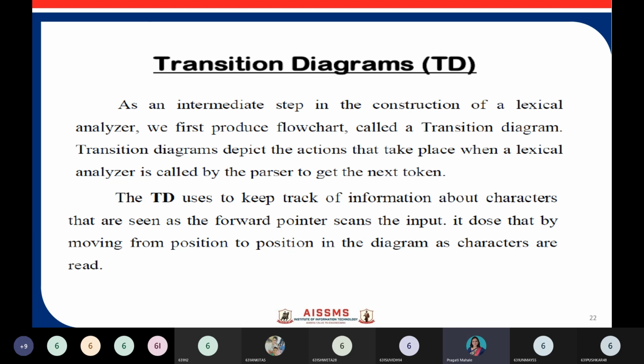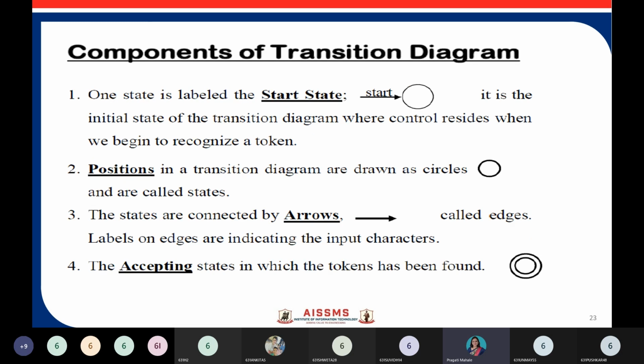Pointers and forward references are used for that. It is a kind of table which keeps track of information about the characters seen as a forward reference while scanning the input. The transition diagram can be depicted graphically using certain symbols.